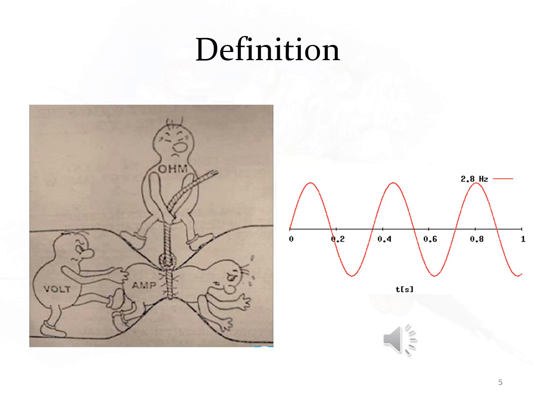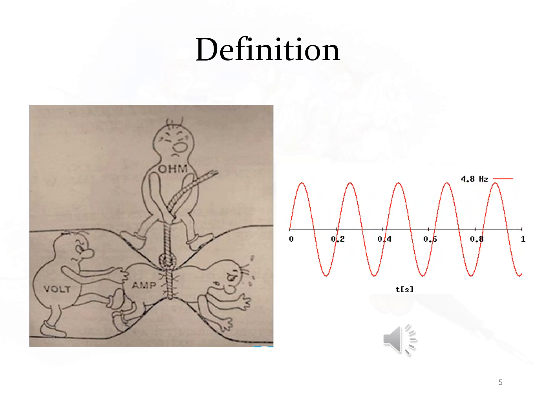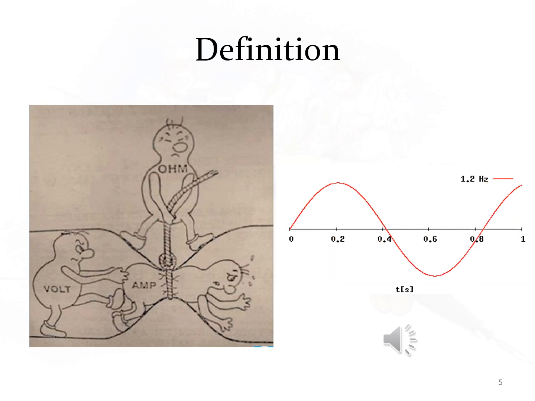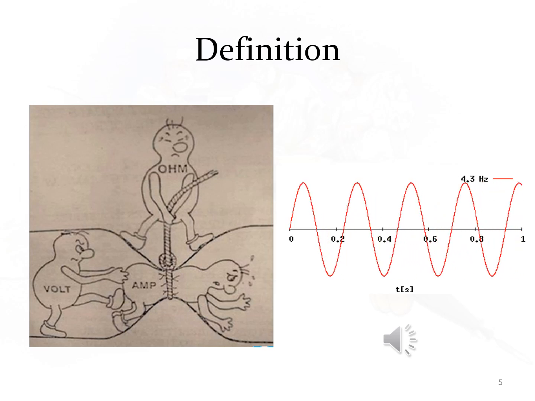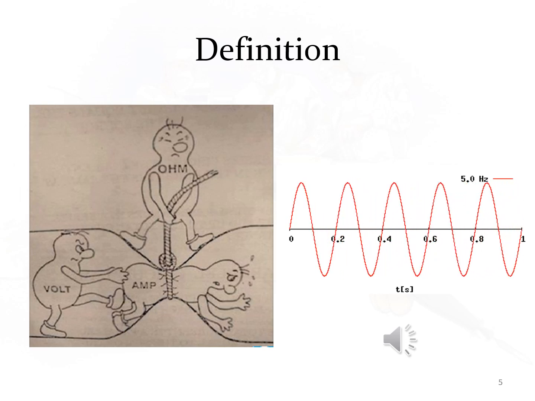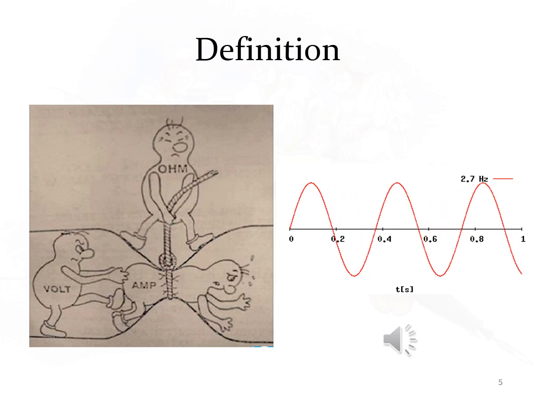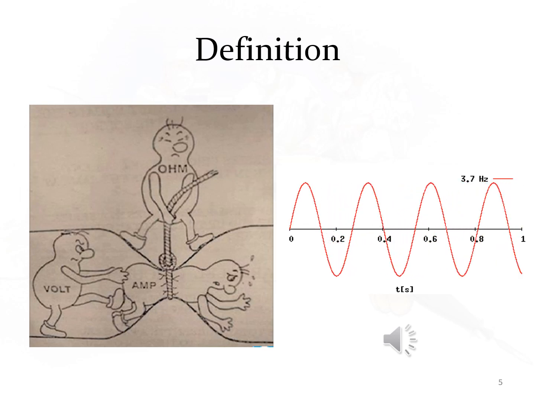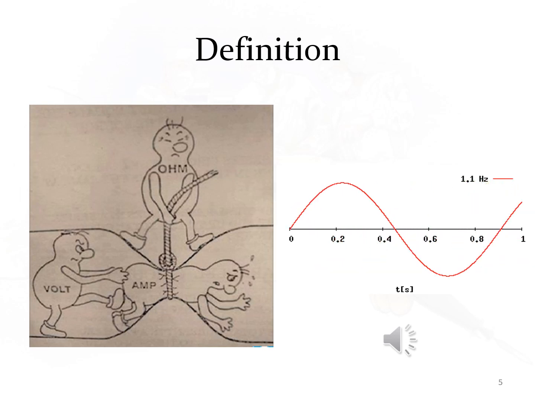Current is measured as the flow of electrons during a given period of time. Voltage is the force driving a current against the resistance of the circuit. Resistance is the obstacle to the flow of current, measured in ohms. Frequency is the number of cycles per second in alternating current, measured in hertz.